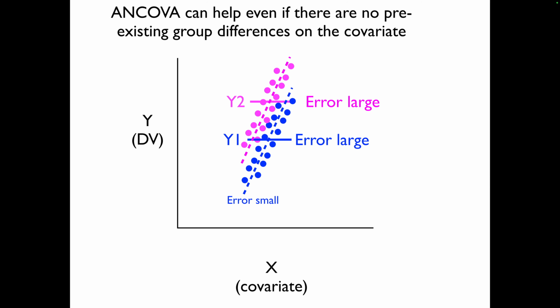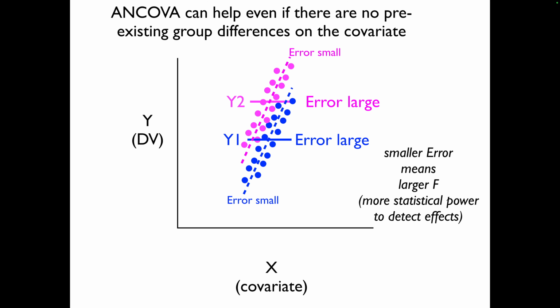And so even if there are no pre-existing differences on the covariate, including the covariate could help us account for some of the variability in the data. It helps us model what's happening in the data. And the effect of that is it reduces the error term in our F ratio, and we get a more powerful statistical test. Remember, error is the unaccounted for variability in the data.